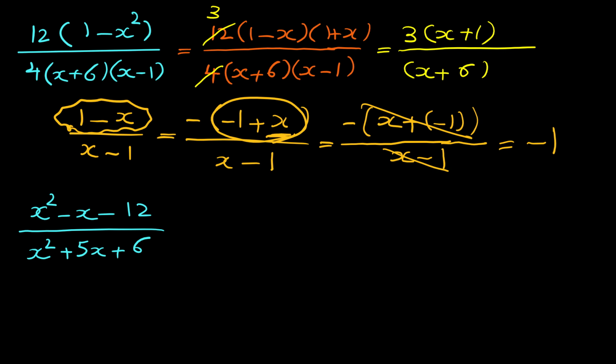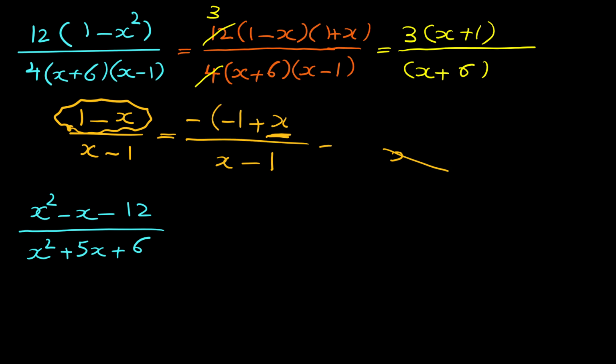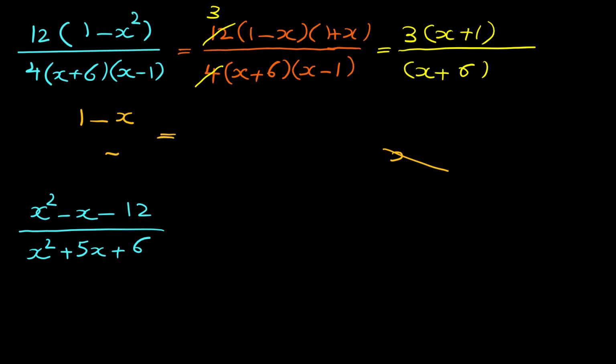So let me summarize this story. We can cancel 1 minus x from the numerator with x minus 1 from the denominator, but when we cancel these two brackets, these are not exactly the same. They are negative of each other. So after cancellation of these two, we have to put a negative in our answer, a negative as a coefficient for our answer.